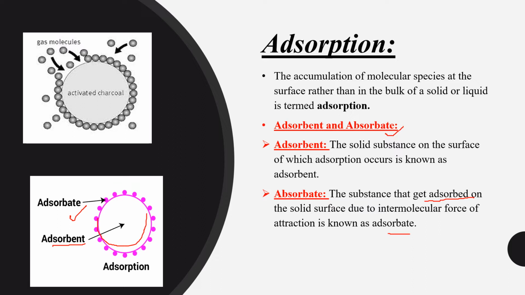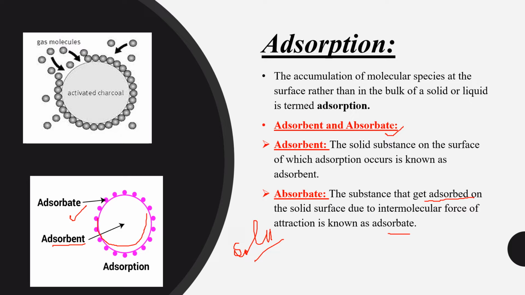This can be compared with a solution also, as we know that a solution is made up of two parts: one is solute and the other one is solvent. Solute particles are those which have a tendency to dissolve in the solvent.